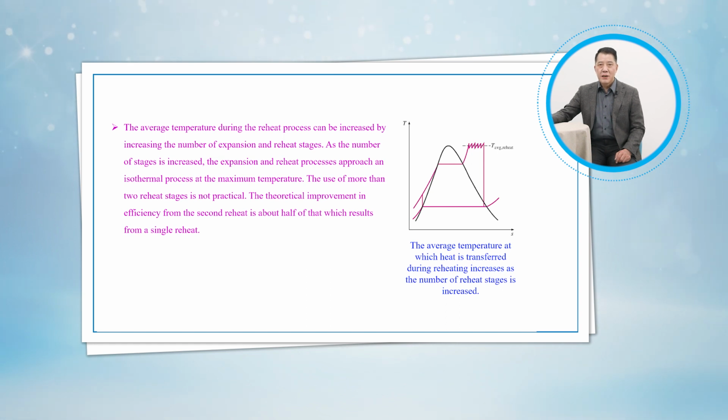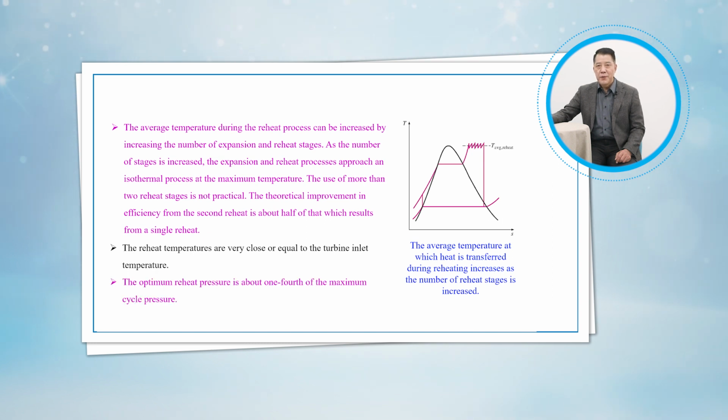The theoretical improvement in efficiency from the second reheat is about half of that which results from a single reheat. The reheat temperatures are very close or equal to the turbine inlet temperature.